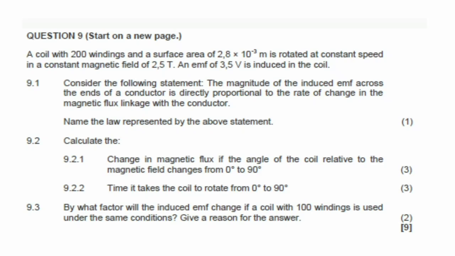9.2 says calculate the change in magnetic flux if the angle of the coil relative to the magnetic field changes from 0 degrees to 90 degrees, right? So we are required to calculate the change in magnetic flux, that goes as change in phi.